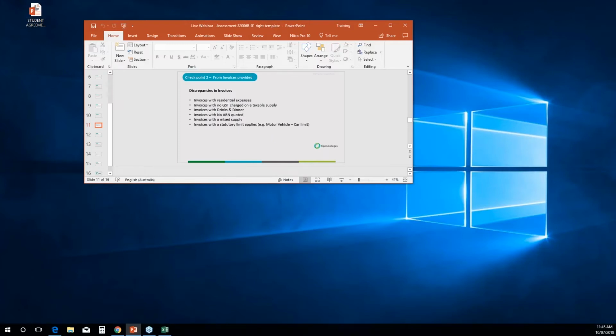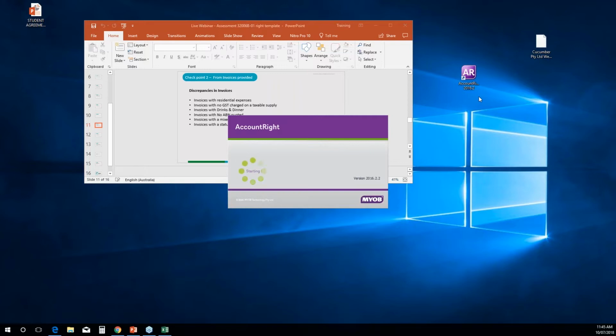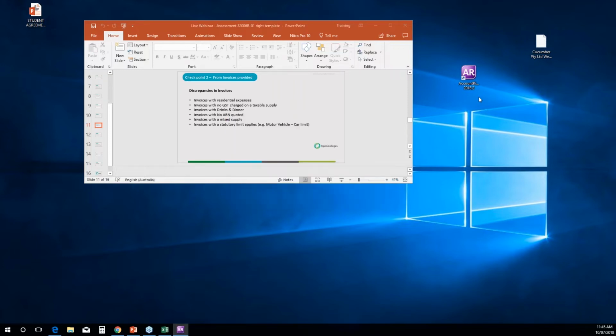Here you go, I brought up the MYOB and I have made Cucumber Pty Ltd. The MYOB file will say Capsicum, but pretend it's a cucumber. I have changed all the amounts, so they are not exactly the same as your assessment MYOB. So please don't follow my amounts. You will have to follow the assessment amounts.